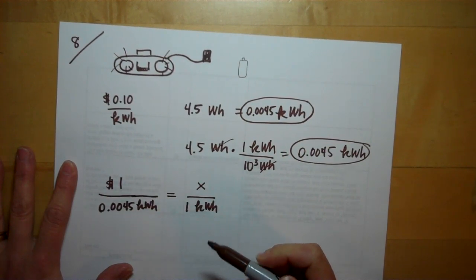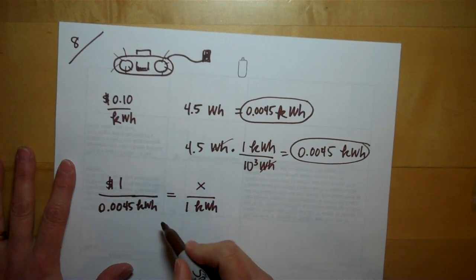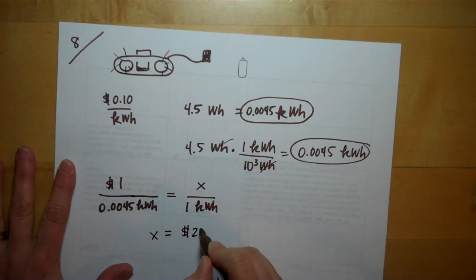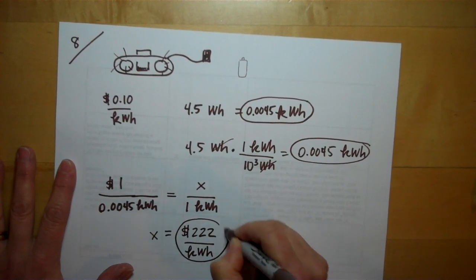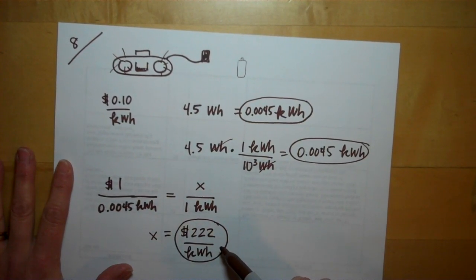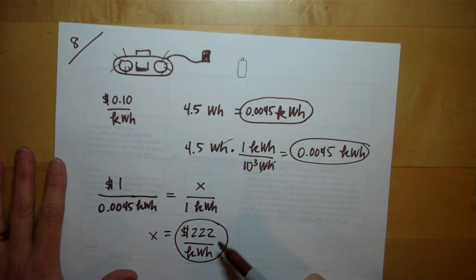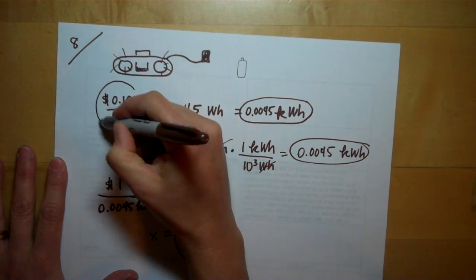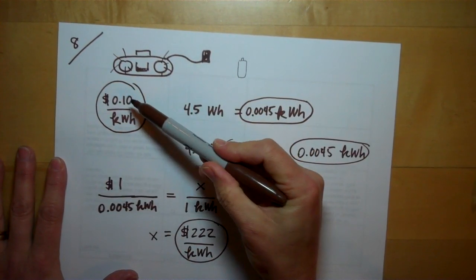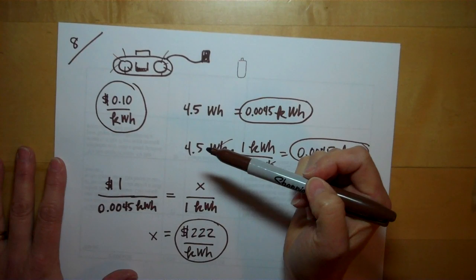And by simple cross multiplying, you see your X works out to be $222 per kilowatt hour. That's how much you're paying if you were to use a whole kilowatt hour of energy by using batteries versus plugging into the grid and only paying 10 cents for a kilowatt hour.